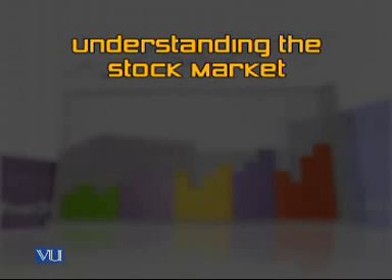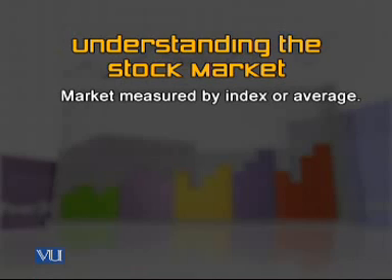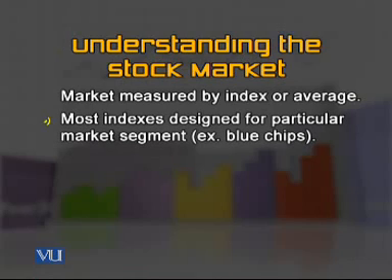Now, all the markets are measured by indices or averages. Most indices are designed for particular market segments, and we can talk about indices in detail when we get to the topic of market indices. But generally speaking, there are a number of indices one can look at, and there are variations of indices.